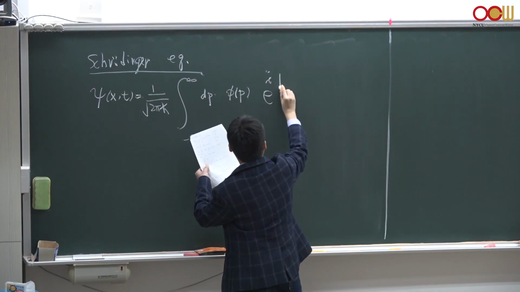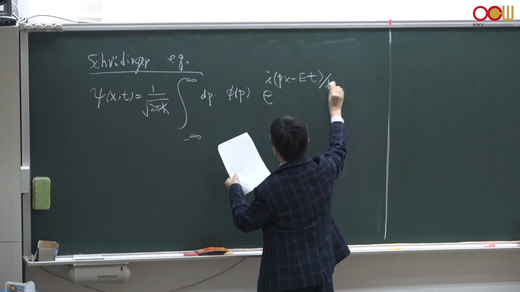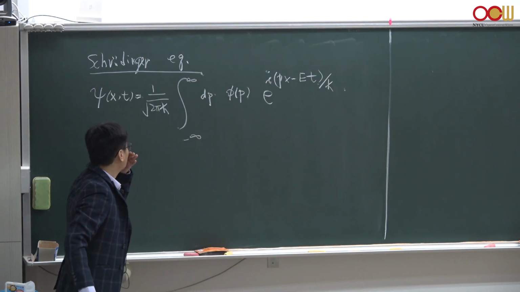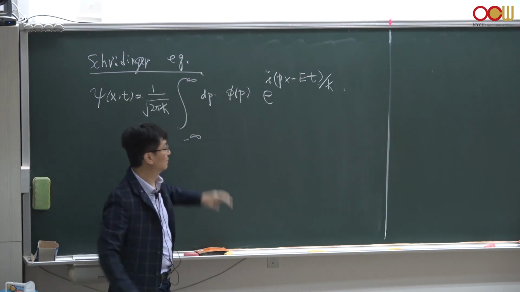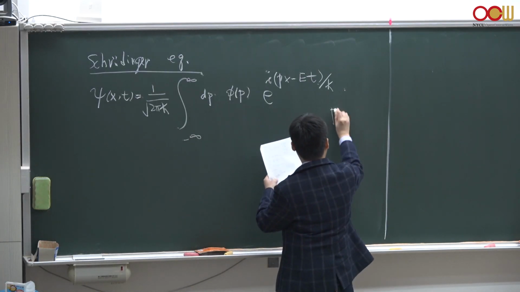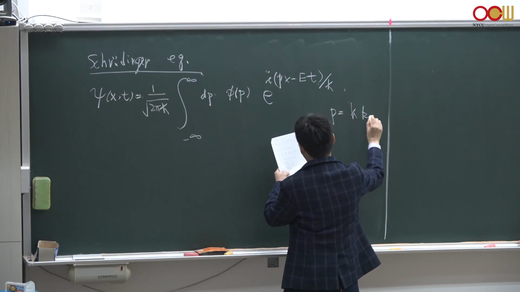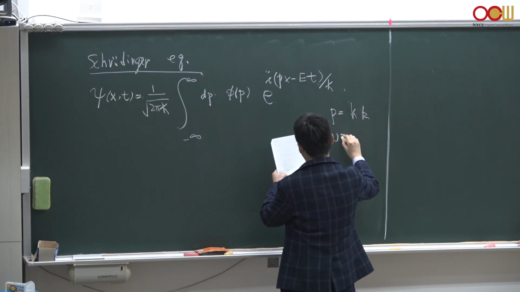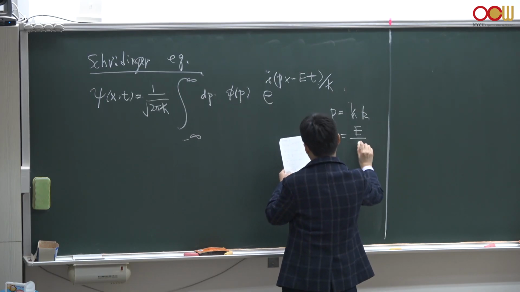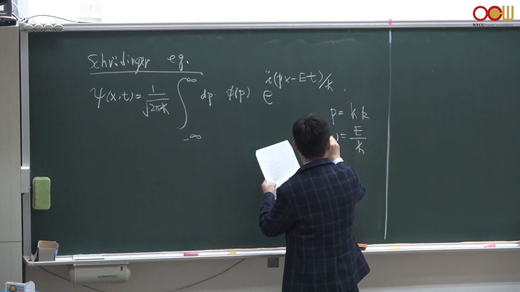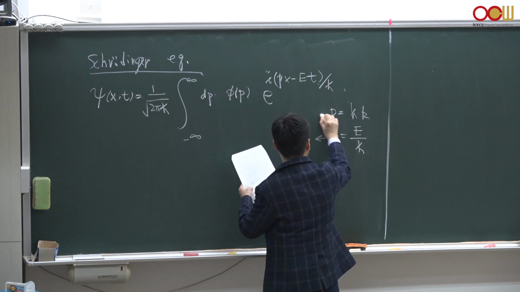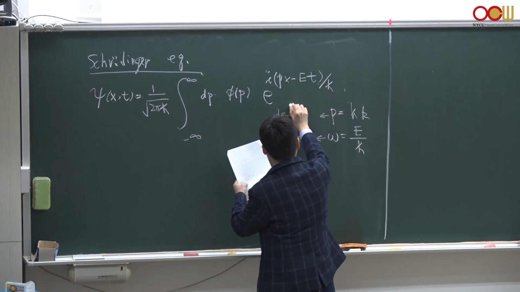And this is the wave packet. It's a slightly different form from what I just mentioned. So this P, remember, is the particle momentum in quantum mechanics, which is h bar k, and omega is the energy divided by h bar. This is given by Planck, and this is given by de Broglie.